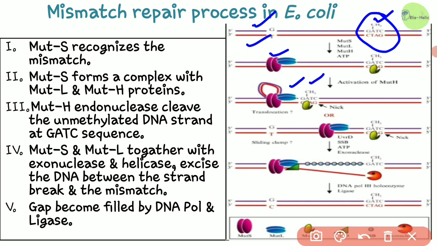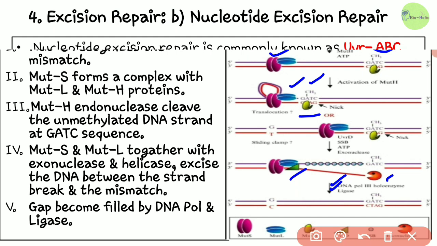Then the MutH endonuclease cleaves the unmethylated DNA strand at the GATC sequence, and then MutS and MutL together with exonuclease and helicase enzymes excise the DNA between the strand break and the mismatch, and lastly the gap is filled by DNA polymerase and ligase. Clear?